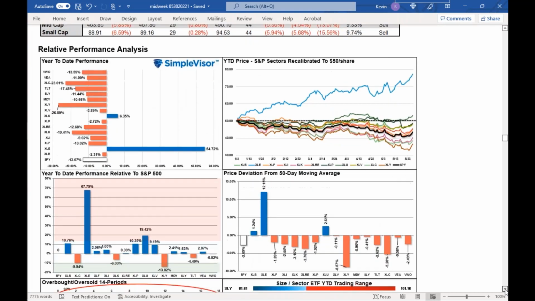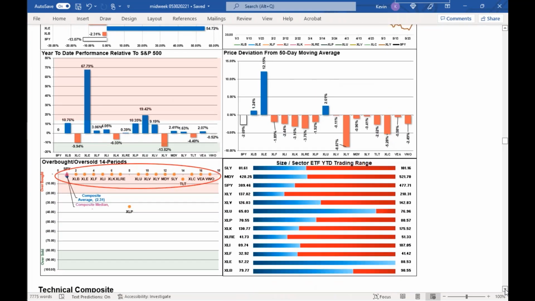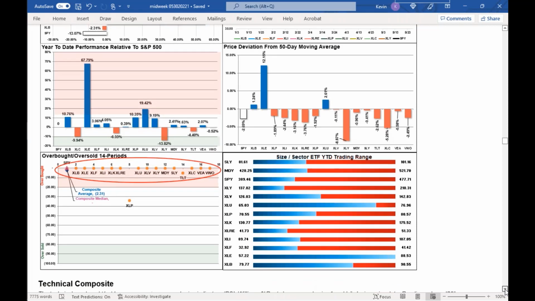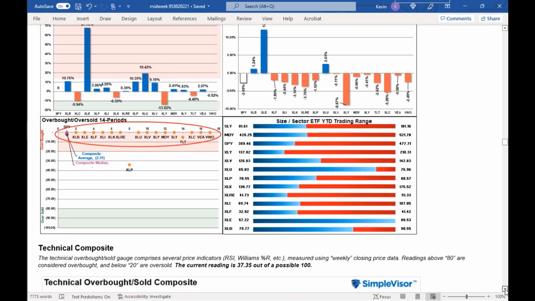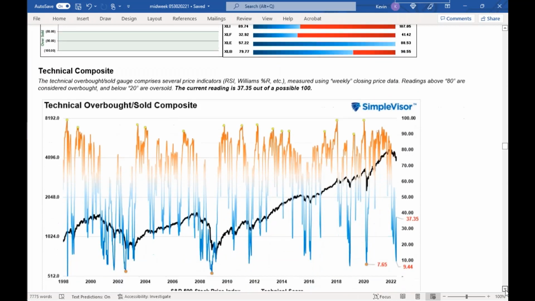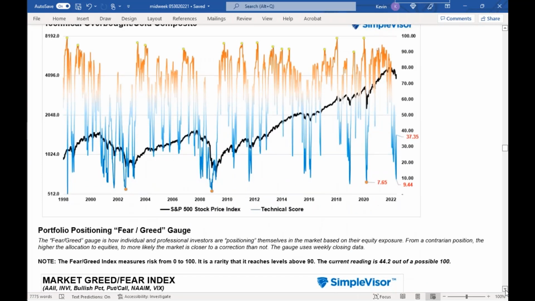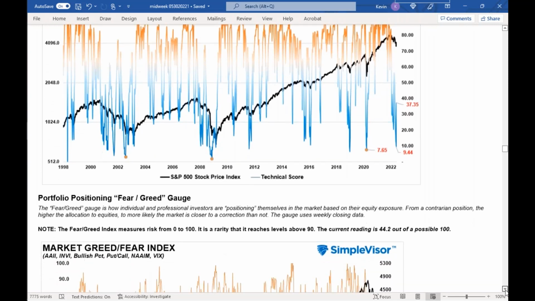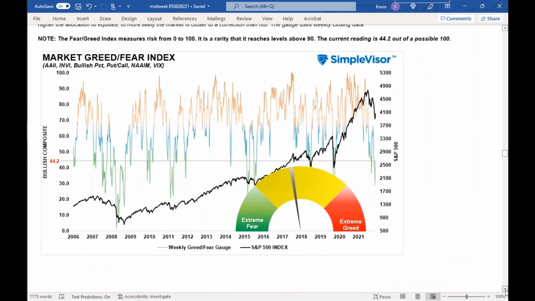So I'm just showing you guys a lot of charts, a lot of information. A lot of this stuff is truly completely useless. Overbought, oversold again, the fear gauge. As I went through this, I giggled because all I'm seeing is a lot of BS thrown in front of you to make it look pretty.